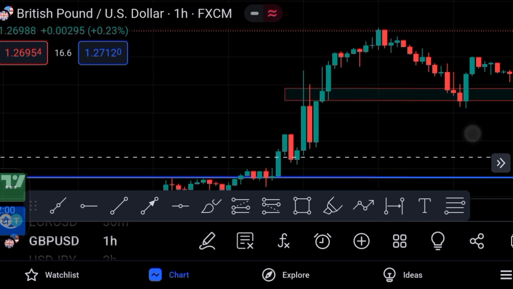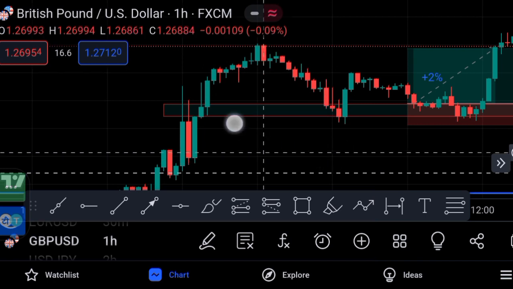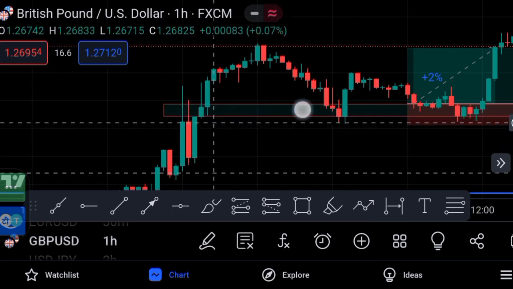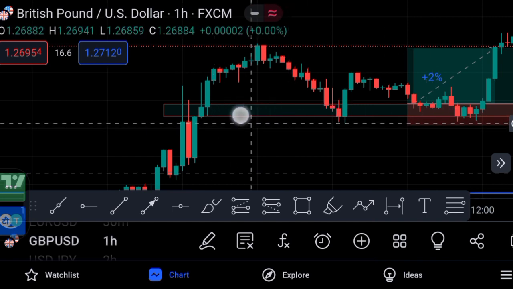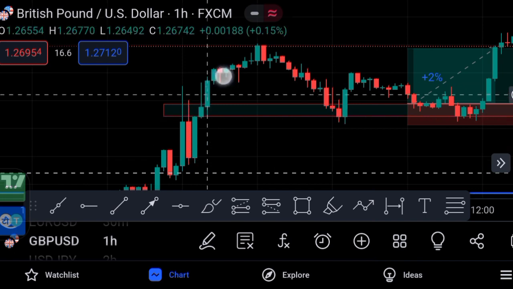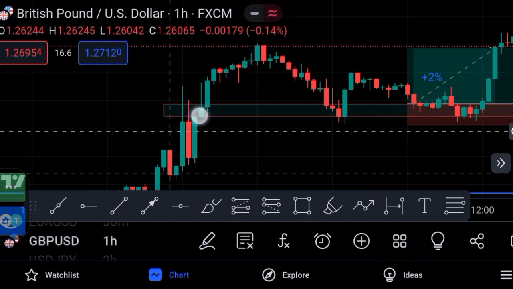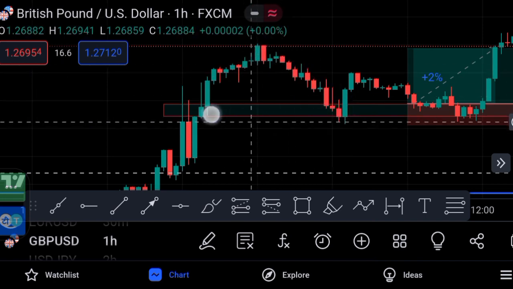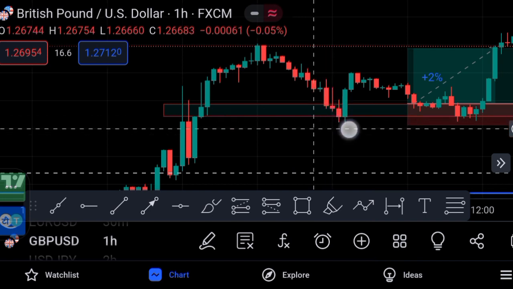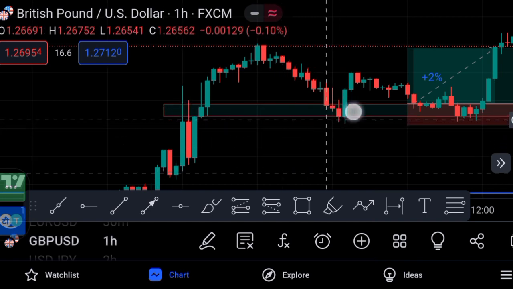So I drew my zone in that resistance level. As you can see, this red box here is my zone, right? So after it broke this resistance level, it came back and retested that level. So that resistance level became a support, right? So the resistance level here became support.